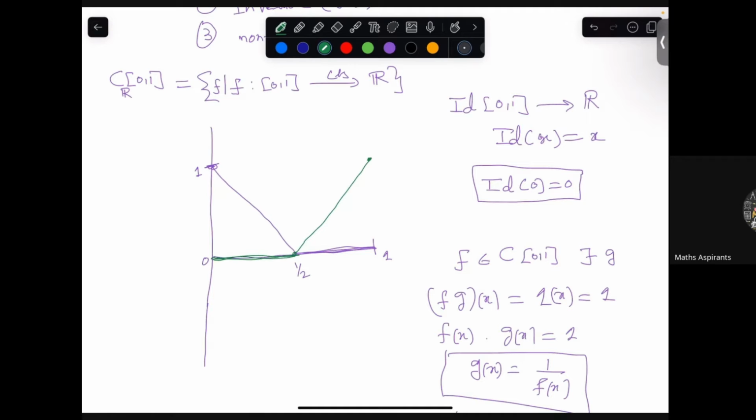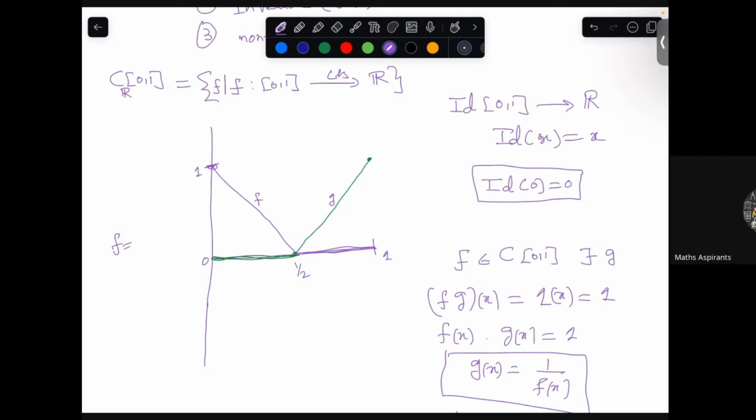That means the first is 0 up to 1 by 2. You can write this function from our school level. You know how to write a line joining things. The second is merely a translation of this function. Okay, fine. So let us call this f, this g.